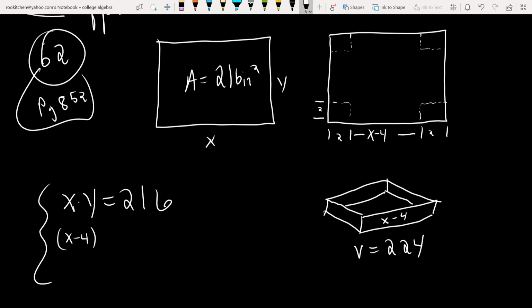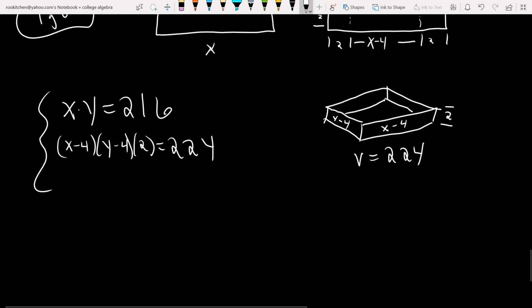So that side is x minus 4 units. This side here is then y minus 4 units, because this is 2. So x minus 4 times y minus 4. And then finally, the height of the box is 2. So times 2, and that should equal 224.